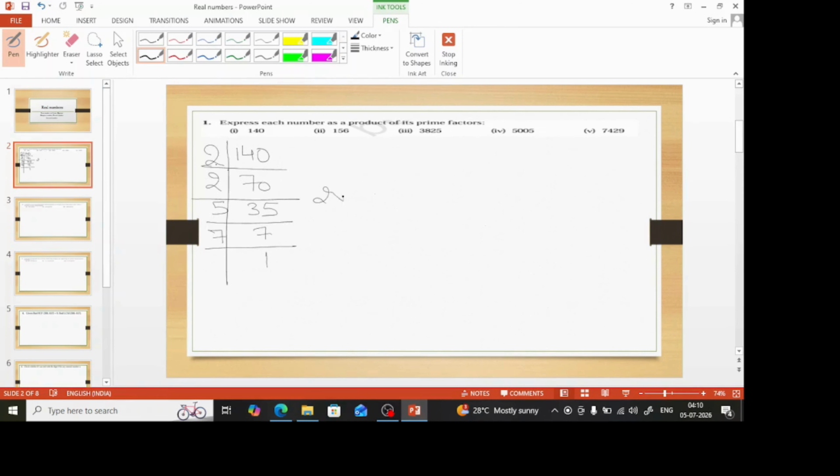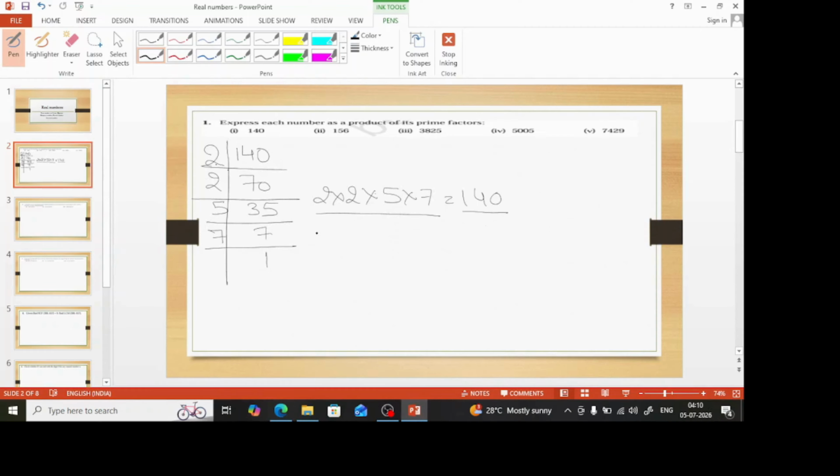Here 2 into 2 into 5 into 7 equals 140. It means these 4 are the prime factors of 140. Means 2 is dividing 140, 5 is also dividing 140, 7 is also dividing 140. Multiplication of all these 4 will become 140, and individually these 3 numbers are also dividing 140.